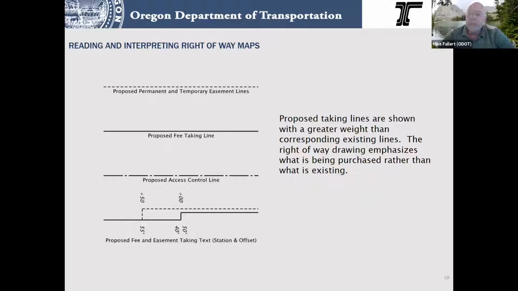So now we're getting into some more of the typical things we'd see with our current right-of-way engineering. We have proposed taking lines, and they're shown with a greater weight than the existing lines. The right-of-way drawing emphasizes what is purchased rather than what is existing. So our maps are our inventory.